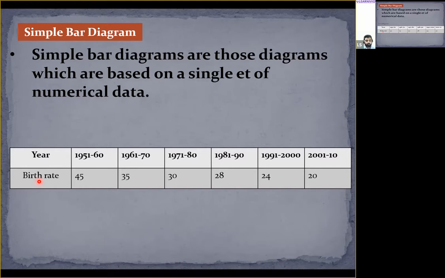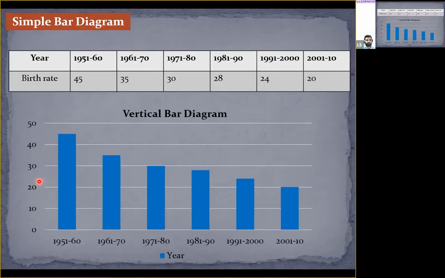All right. So how we will be preparing the simple bar diagram? First of all, we will take two axes, x-axis and y-axis. So this will be our y-axis. All right. And this will be our x-axis. Just let me show you on sheet.